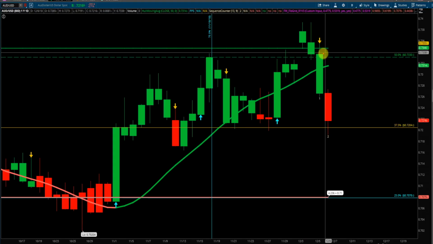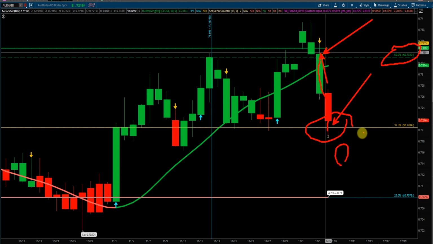This is one of the reasons why I took profit, because I thought it was going to hold that 50%, 73.30. But this thing continued going even lower. And now it's kind of finding support at 37.5 with all the other ones I told you, the 180, the 60 degrees, and the square, all kind of showing that. And then you can see there's a big support right here in this area.